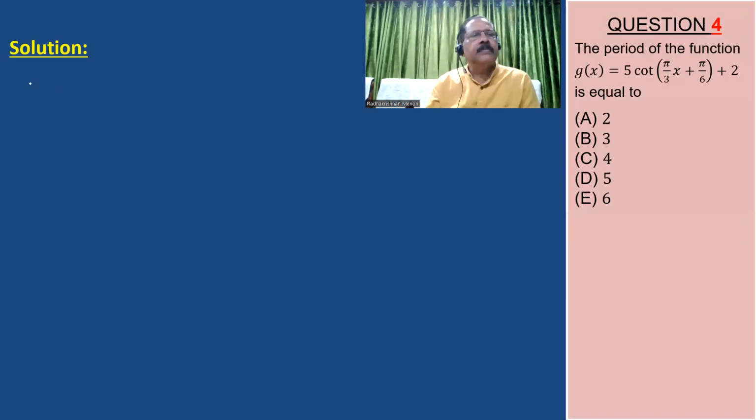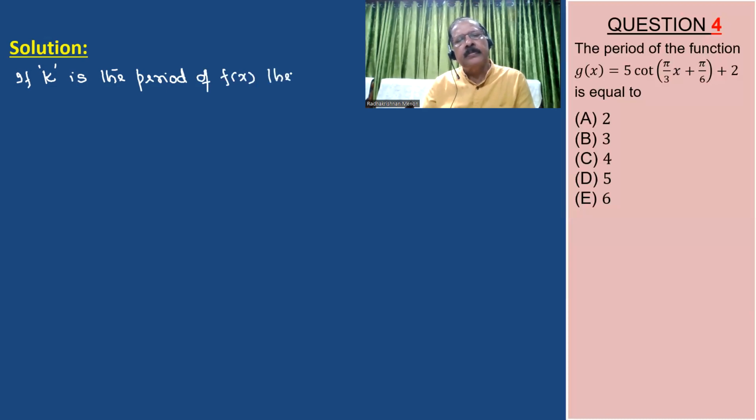Okay, let us see. So for a periodic function, if k is the period of f of x, then k by a is the period of f of ax plus b.